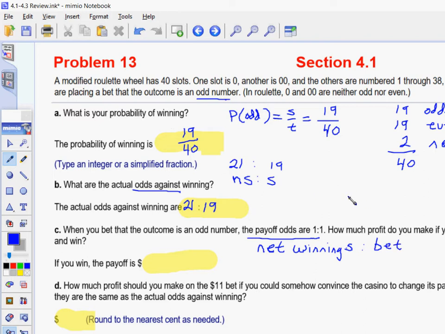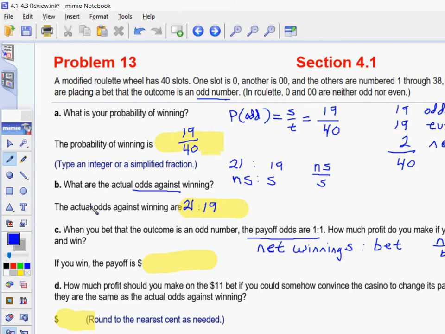All right, and you can write that as a fraction. You'd write it net winnings over bet. Just like this, you could write as a fraction not successes over successes. You could write your odds against.